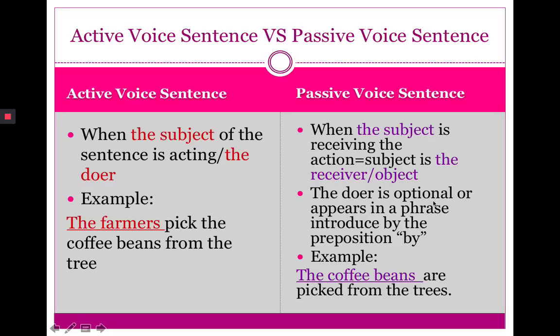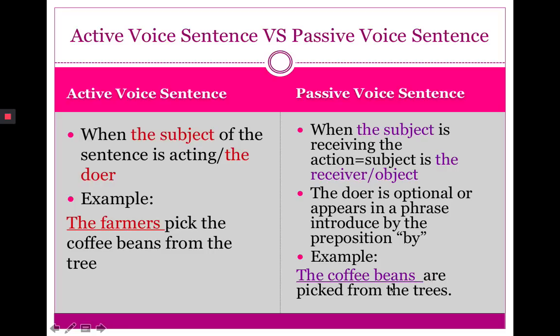The doer is optional or appears in a phrase introduced by the preposition by. Normally we do not mention the doer, but if you want, you can put by at the back. So you bring the object to the front, and you start your sentence with the coffee beans are picked.